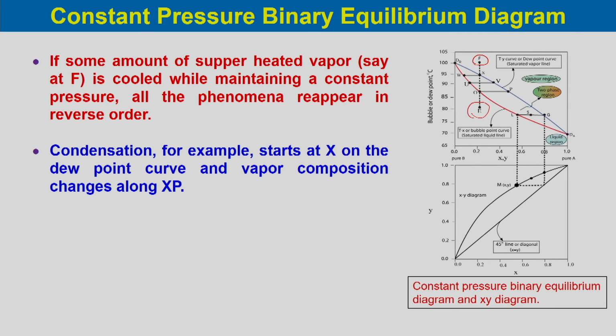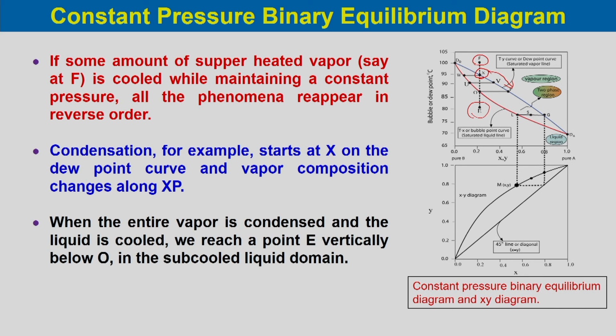Condensation, for example, starts at x at this location on the dew point curve, and the vapor composition changes along x p. So the composition will change from x to x p.